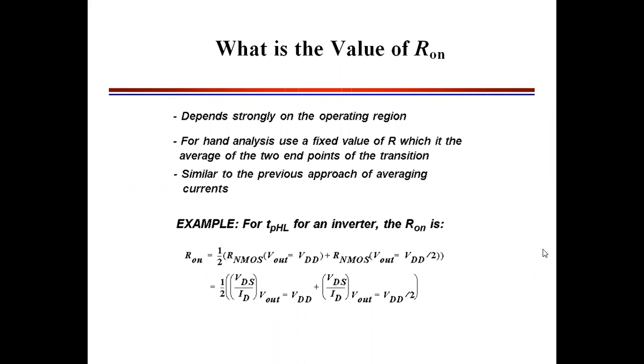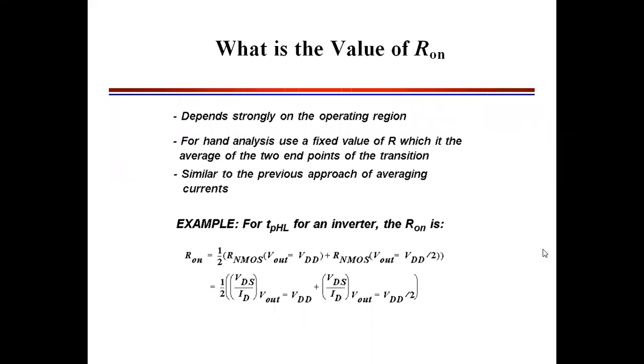So for hand analysis, use a fixed value of R, which is the average of the two endpoints of the transition. So to generalize this, you can choose the value of R, which is the average of the two endpoints of the transition.